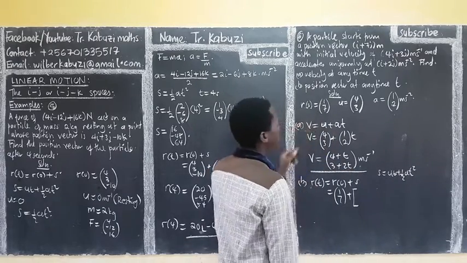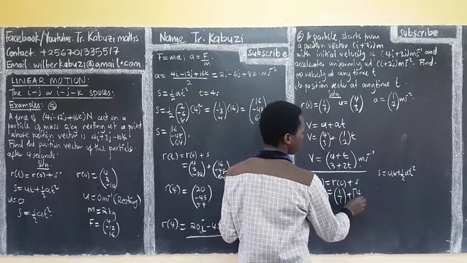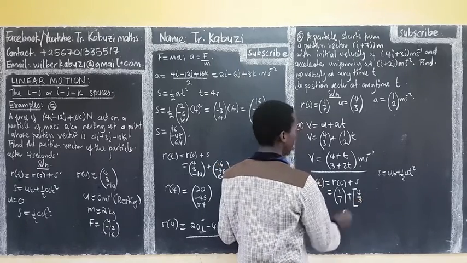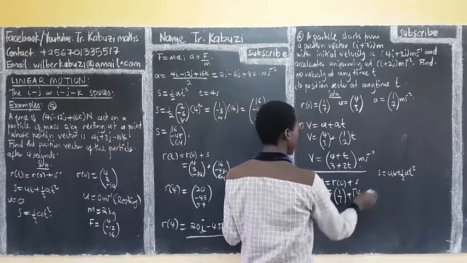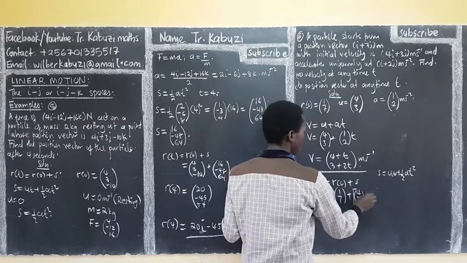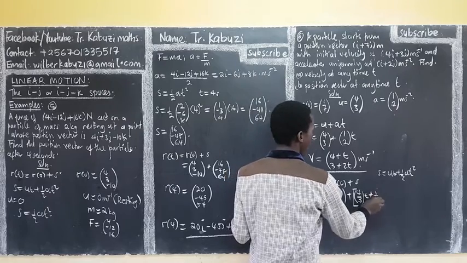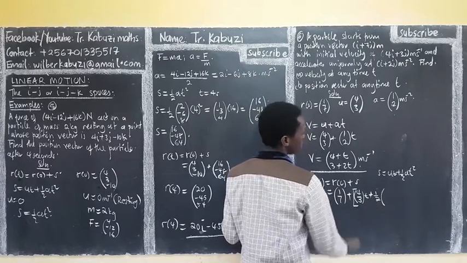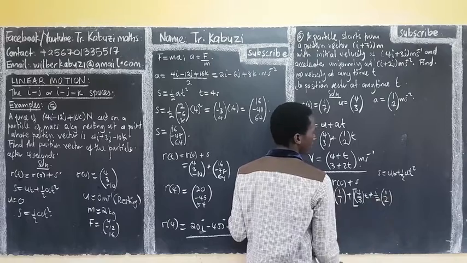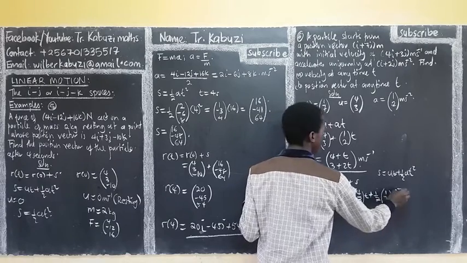So our initial velocity (4, 3) times t, plus half times our acceleration, which is (1, 2), times t squared.